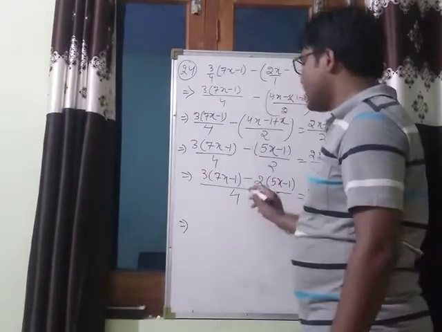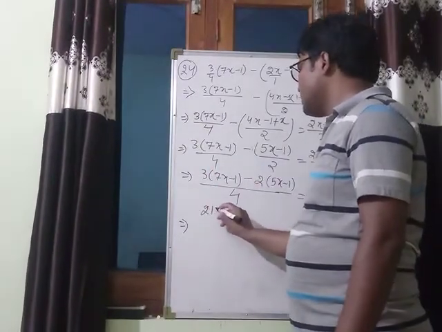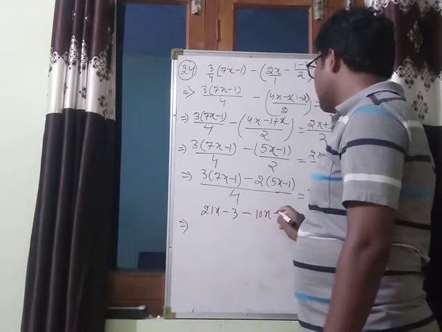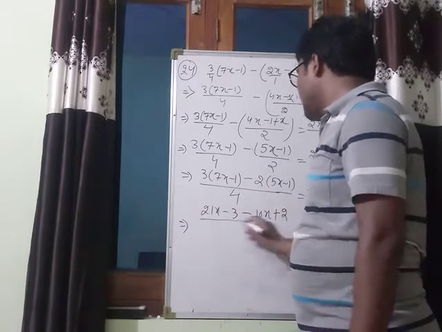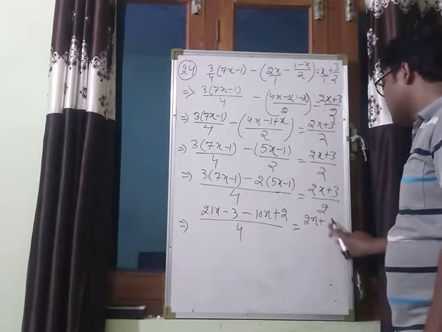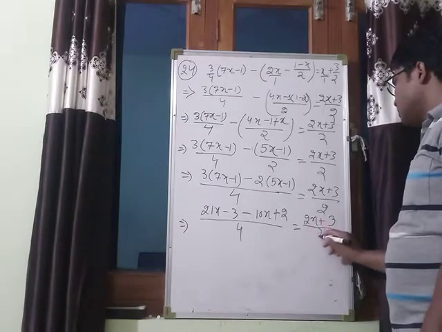So now open this bracket. So 3 7 is 21x minus 3 1 is 3 minus 2 5 is 10x plus 2 1 is 2 upon 4, that is equal to (2x plus 3) upon 2.